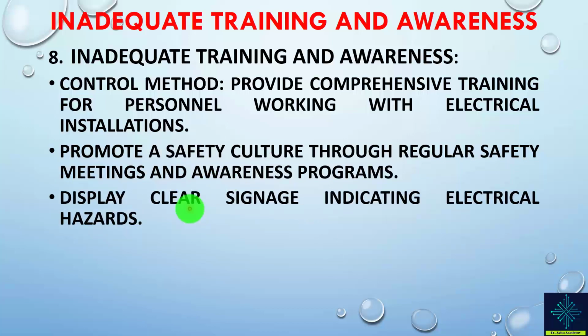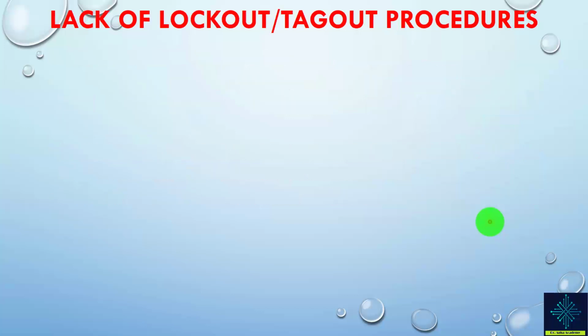We also have to display clear signage indicating electrical hazards so that people would know that this is a place where a hazard might be serious, and try to avoid such places.